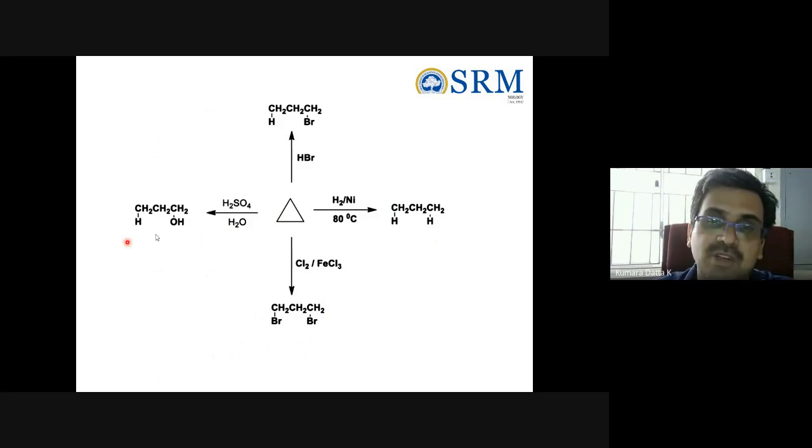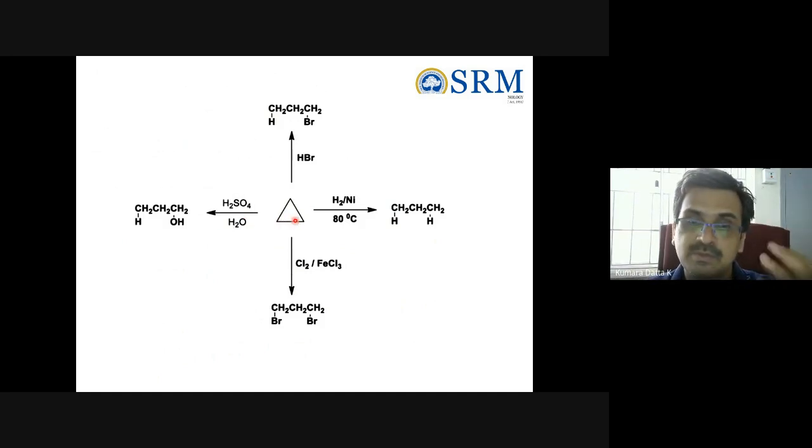In all the cases, we get ring cleavage followed by addition. The ring will be cleaved here, and hydrogen, bromine add, so that the cyclopropane ring will be broken, and accordingly we get ring opening reactions.